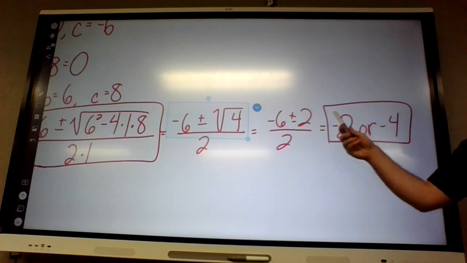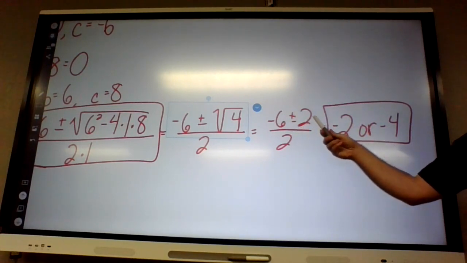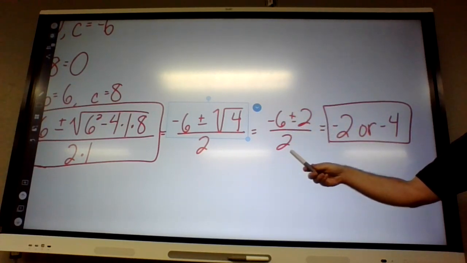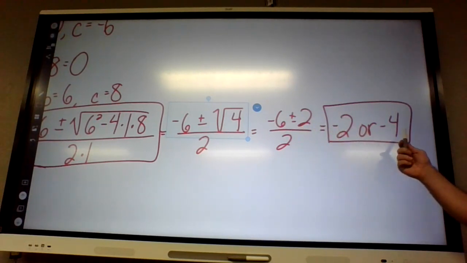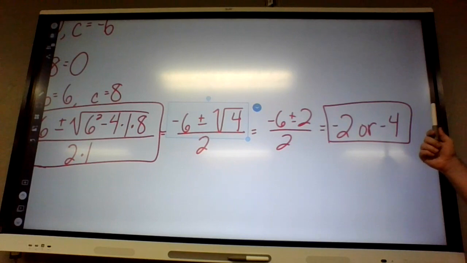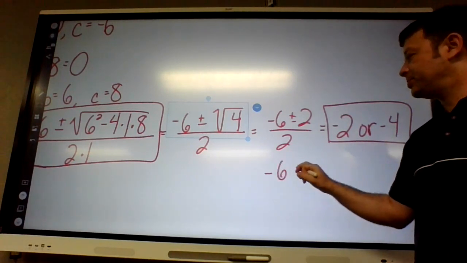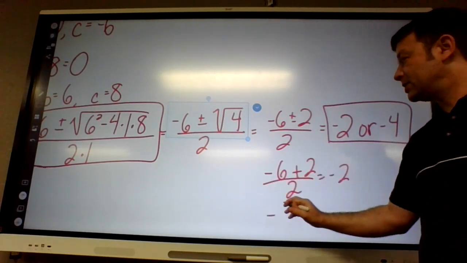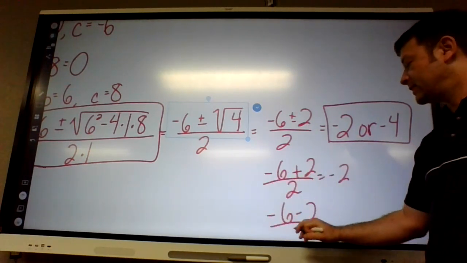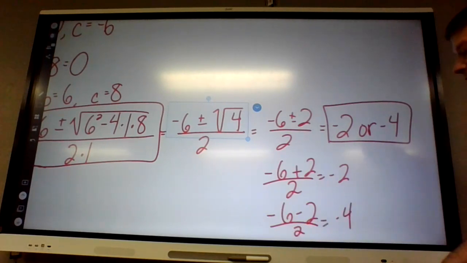Then I can go back. Negative 6 plus 2 divided by 2 gave us that, and negative 6 minus 2 divided by 2 gave us that. So I did negative 6 plus 2 divided by 2, and that was negative 2. And I did negative 6 minus 2 divided by 2. That's negative 4.